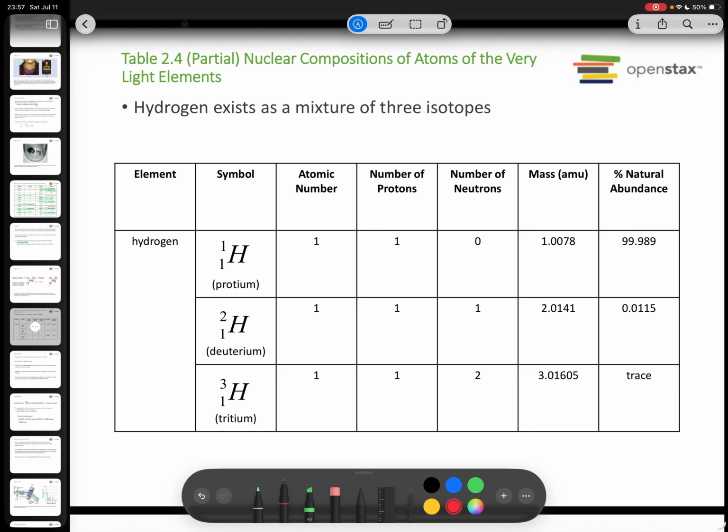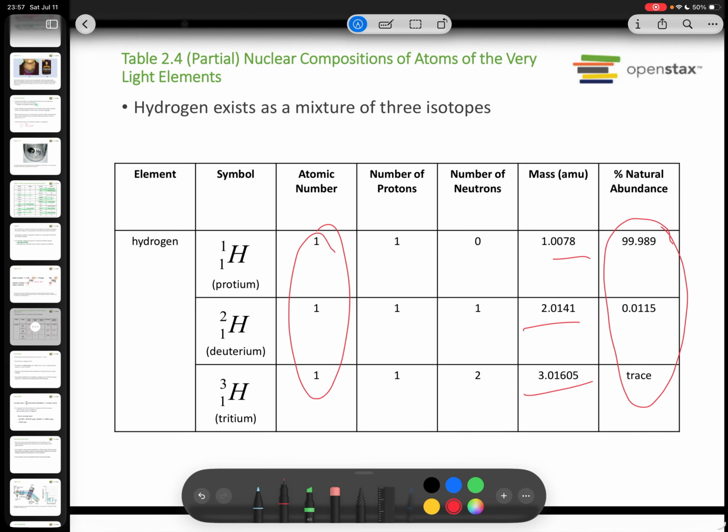No? So notice that all 3 have atomic number of 1. Because they all have 1 proton. So their masses and natural abundances differ because the number of neutrons differ.